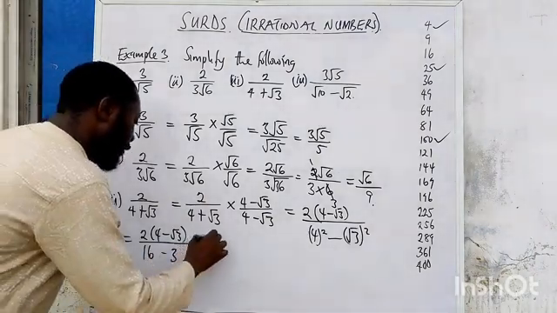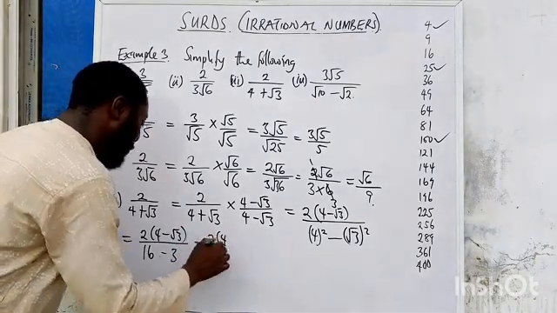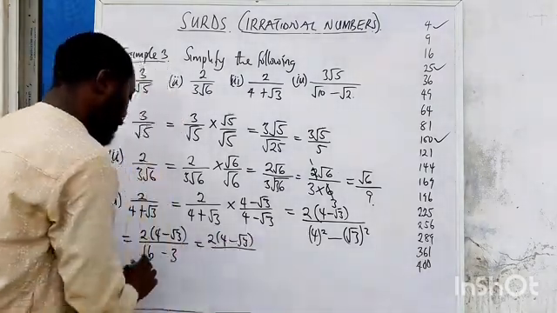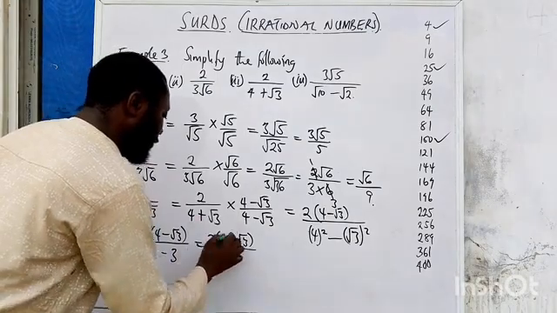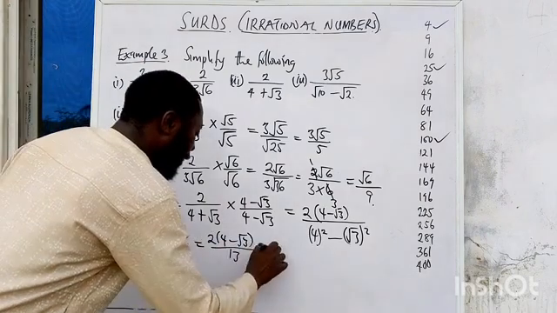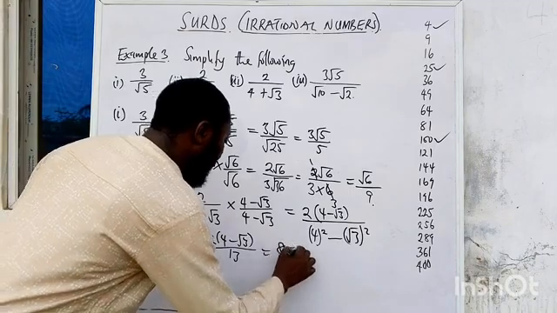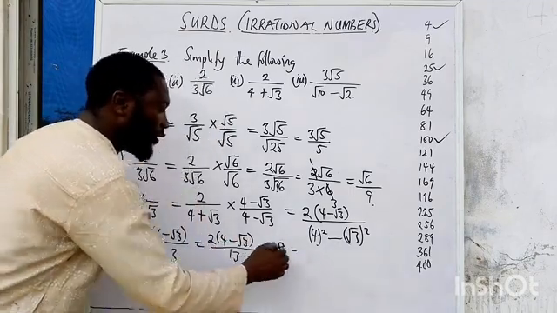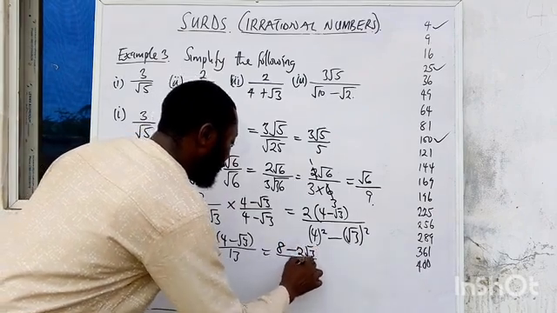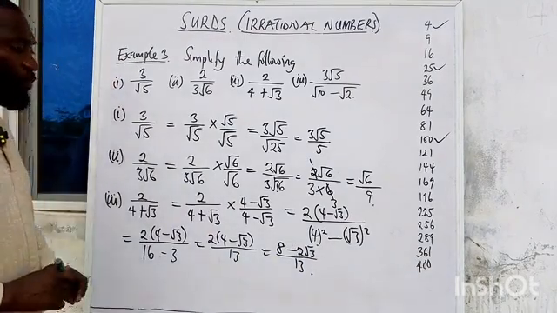So now you have 2 times 4 minus square root of 3 divided by 16 minus 3, and that is 13. And here is your final result. If you wish, you can further open the bracket: 2 times 4 is 8, minus 2 multiplied by square root of 3, that is 2 root 3. Everything over 13. And this is your final result.